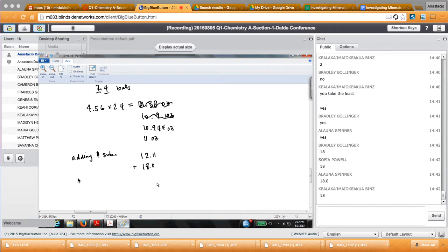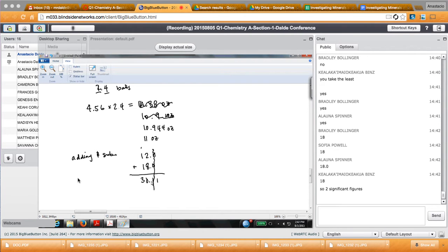So you end up getting 30.11, but I have to cut this answer off to only include this significant figure, right? Because when I add these two together, how is my answer going to be more accurate than the least precise measurement that I started with? It's a little bit different from multiplying, but it's kind of the same concept. So my answer is 30.1.